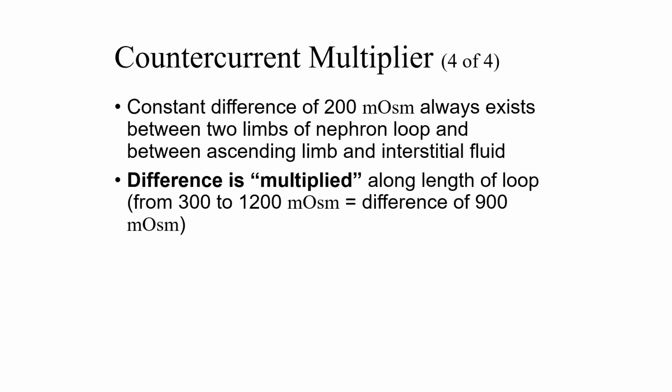So the constant difference between the two limbs of the nephron loop, and between the ascending limb and the interstitial fluid, is around 200 milliosmoles. And this difference gets multiplied along the length of the loop so that you go from 300 milliosmoles to 1200 milliosmoles. Got it? That's a difference of 900 milliosmoles.